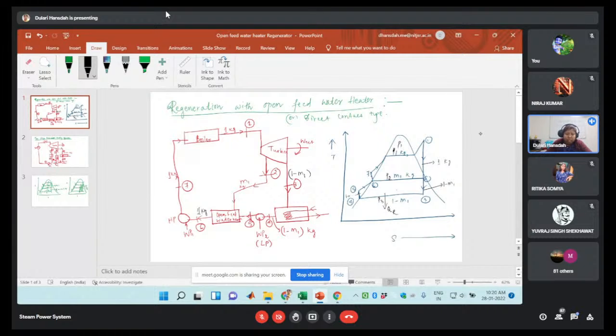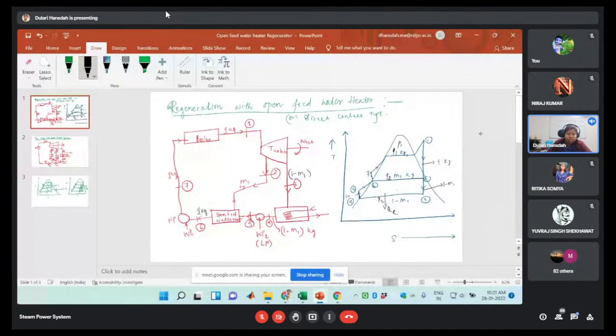We are considering that whatever amount of steam is entering the condenser, that amount of condensate is formed at this point. So 1 minus m1 kg we are considering, and we are pumping it to the pressure of the low pressure feed water heater. Here in this case, there will be the exchange of heat due to the mixing process.